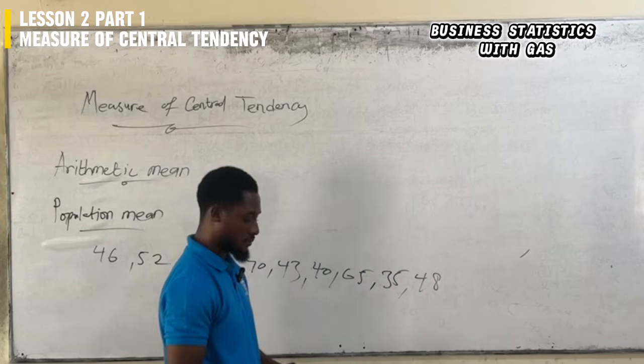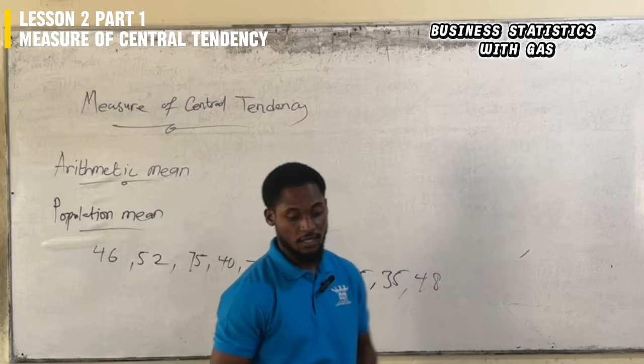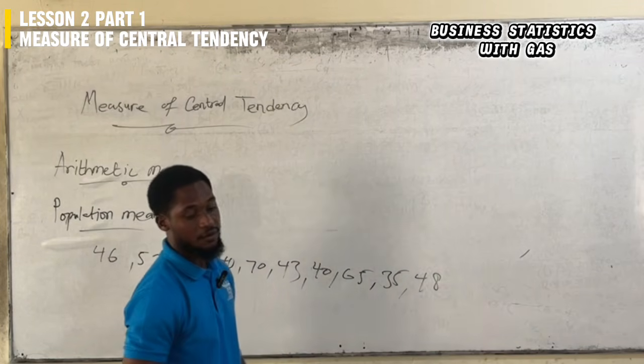So these are the marks obtained by 10 students in business mathematics, and we are asked to calculate the arithmetic mean.